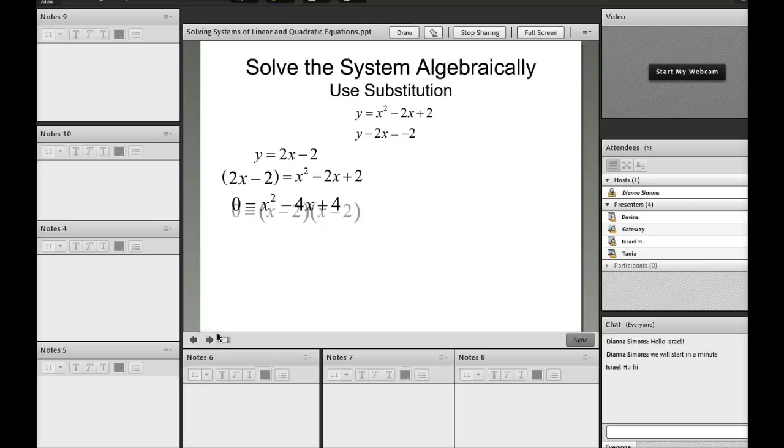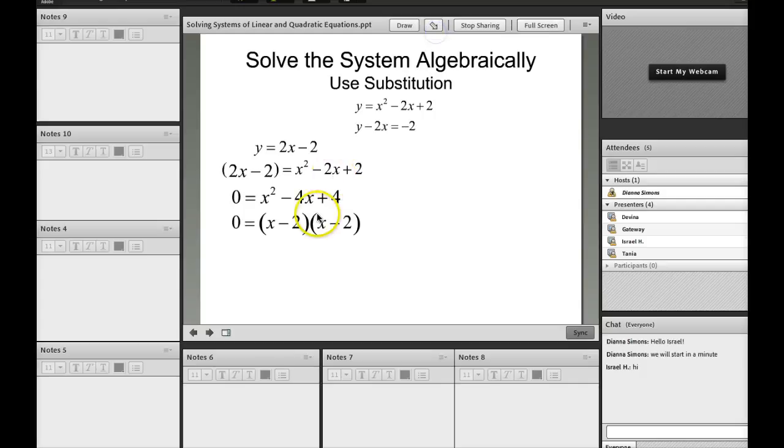And then we can factor. We want things that we multiply together to get positive 4, that when we add those 2 factors, we're going to get negative 4. It's x minus 2, x minus 2. So we're going to set each factor equal to 0.